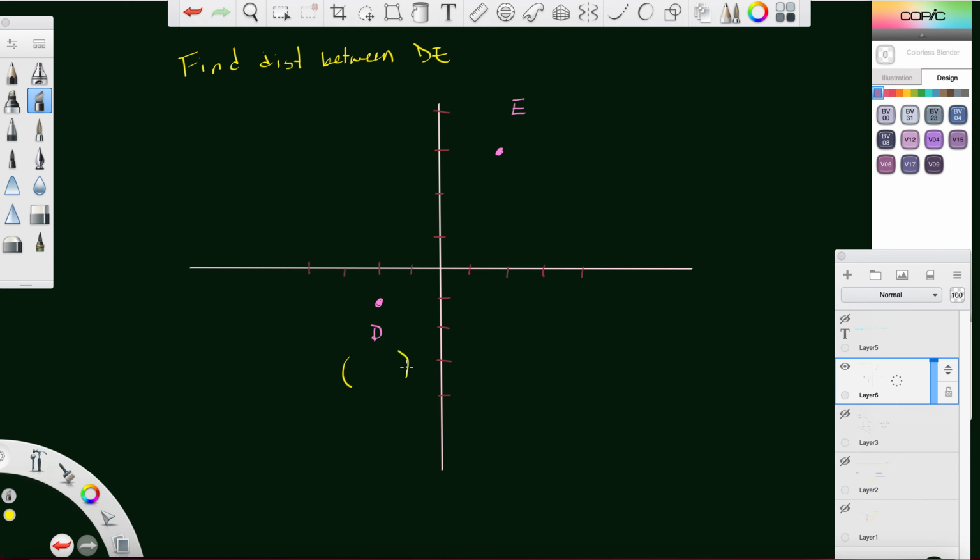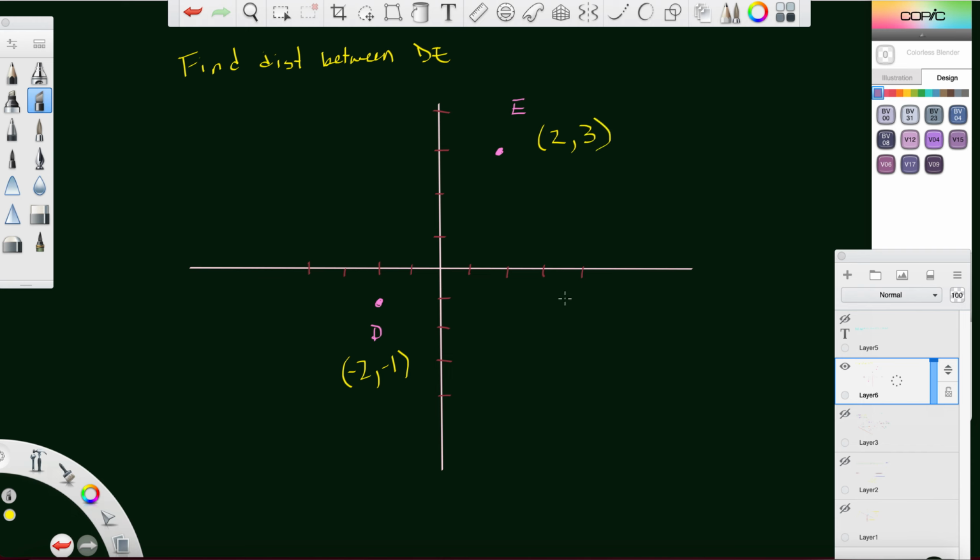Find the coordinates of D. So we've gone back to -2 and down 1, -1. This one is over 2 in the positive direction and up 3, right?